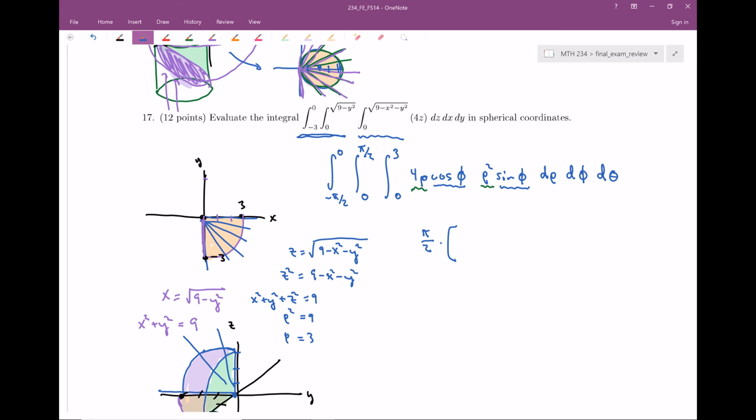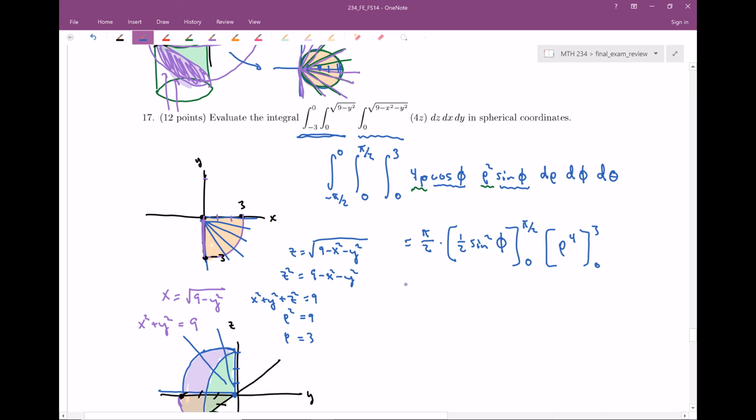When I integrate cosine phi, sine phi, I think I'm going to get something like sine squared phi, but I'm going to need a 1/2. Double check: if you take the derivative of this, you should get back to where we started, sine phi, cosine phi. We're going to evaluate this from 0 to pi over 2. And then when I integrate rho, my rho function is 4 rho cubed. So when I integrate that, I get rho to the 4th, and I'm evaluating that from 0 to 3.